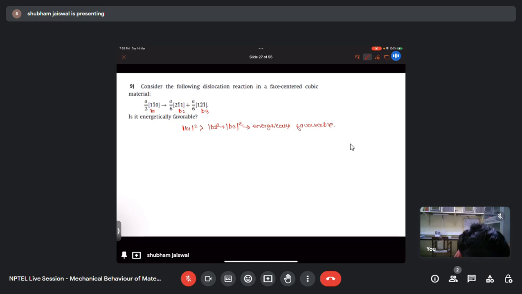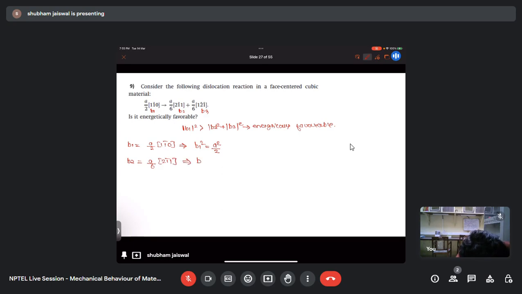So here we have B1 as a by 2, 1 bar 0. If we take B1 square, we'll get a square by 2. Now we have B2 as a by 6, 2 bar 1.